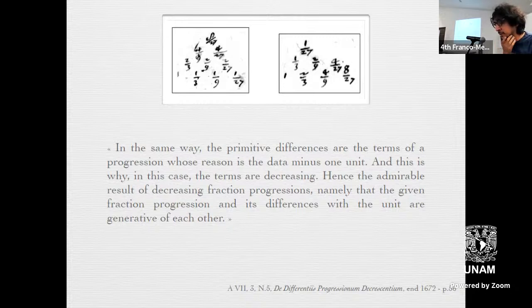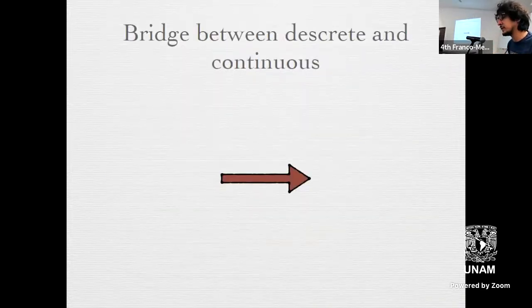Hence, the admirable result of decreasing fraction progression, namely that the given fraction progression and its difference with the unit are generative of each other. So you can generate terms. The progression can generate the triangle, but the terms of the diagonal can generate the triangle too. The generation is in the two ways.